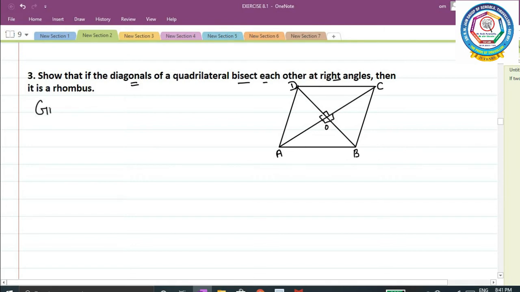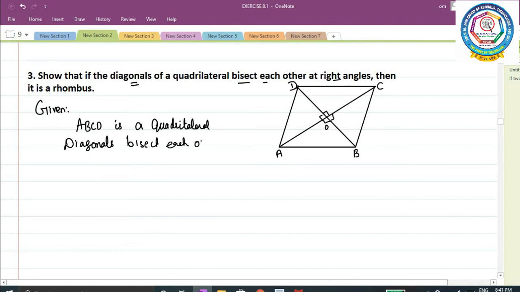So given, ABCD is a quadrilateral, and the diagonals bisect each other at right angles.